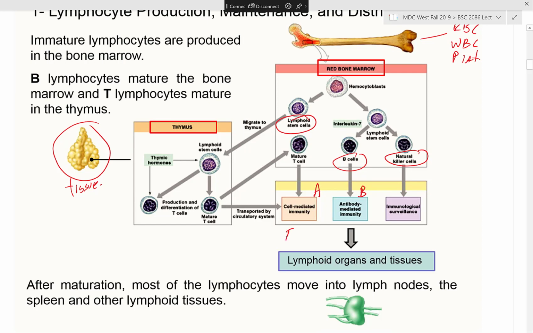So this will be the fastest, correct? And this one will be the slowest. Why slowest? Because once you get exposed to the antigen, then what do you have to do? You have to create the antibody, right? One of those immunoglobulins that is then going to bind to a specific antigen, correct?